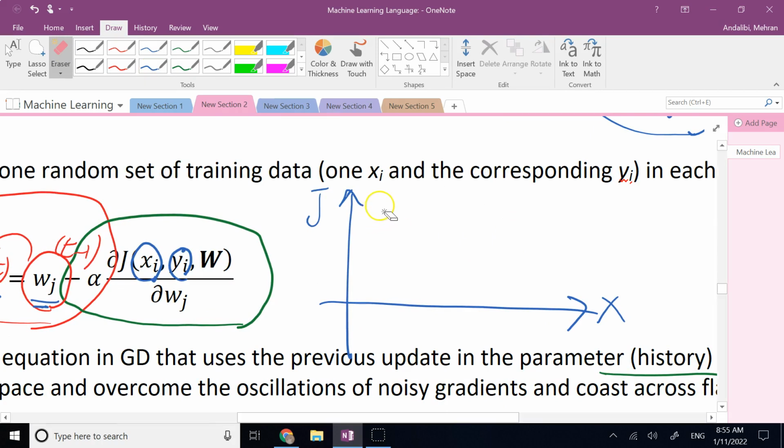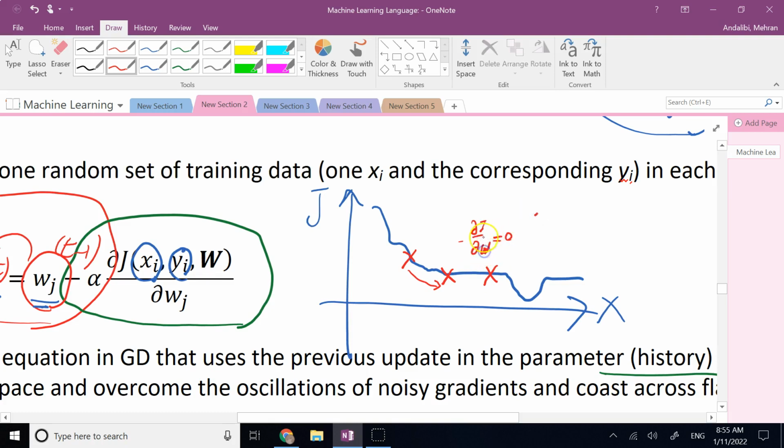That's okay. Let me use another function. So when I come from here to here, I had some non-zero update. But when I come from here to here, now if I want to just act based on the gradient, as I told you here, that negative gradient term is 0.